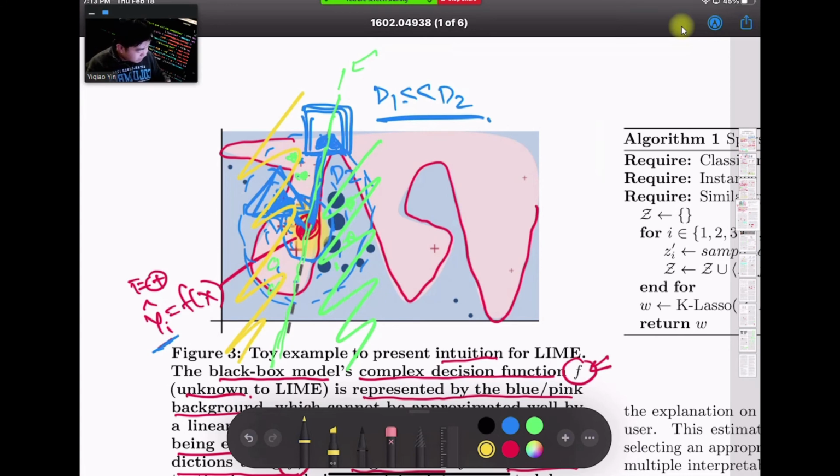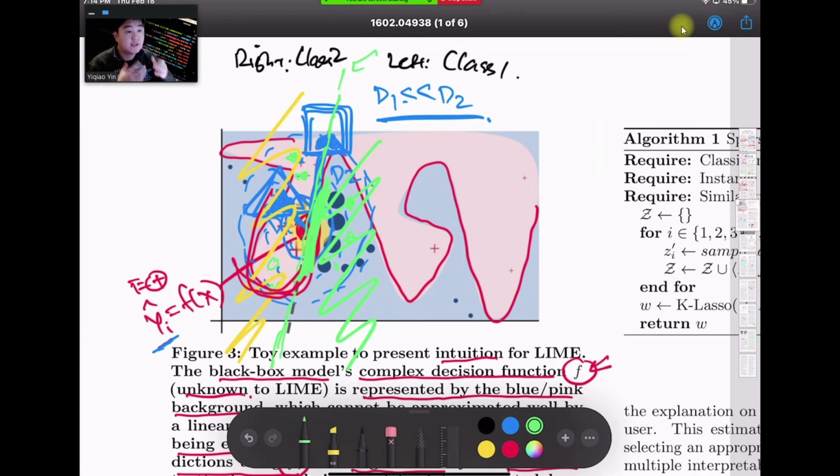So maybe we say left is class 1, and then right is class 2. And it happened to be the case that this dotted line separates the boundaries. And if you watch closely, whatever this shape is, this dotted line perhaps is exactly the tangent of the shape, which is the decision-making rule at that instance.